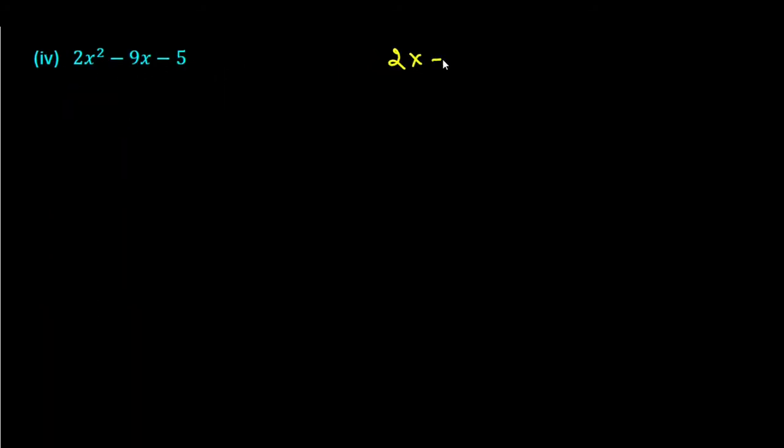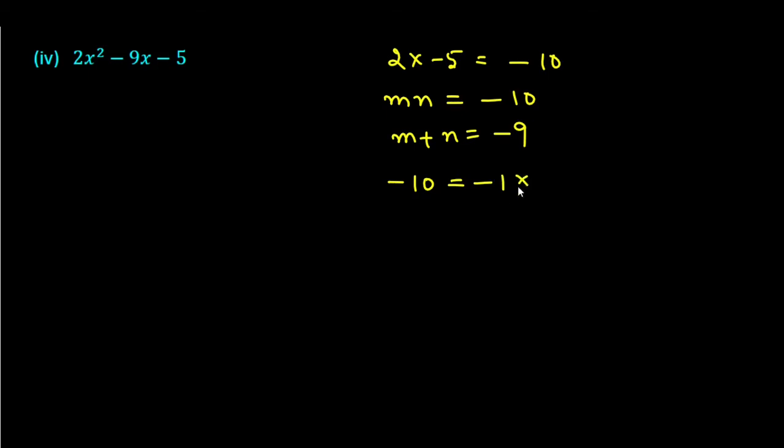2 into −5, it is −10. We have to find two factors m and n whose product is −10 and whose sum is −9. −10 can be written as −1 into 10 or 1 into −10, −2 into 5 or 2 into −5.